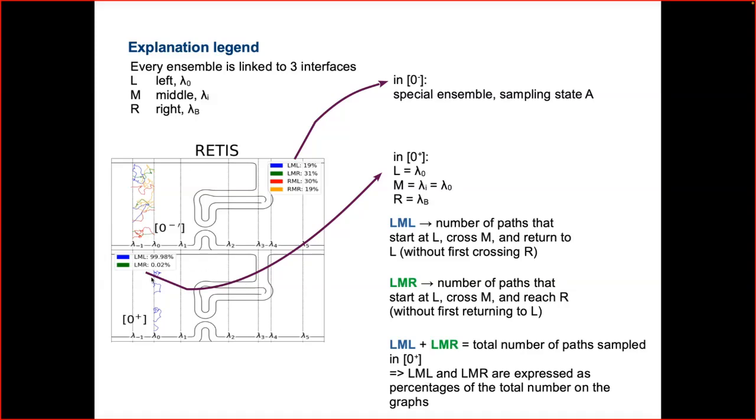If we now look here at the 0 plus, we see that we have a very small percentage of paths that are reactive and that reach the other side. In the 0 minus, we have a few more paths in this very specific case because some of the paths might reach the lambda minus 1 interface.